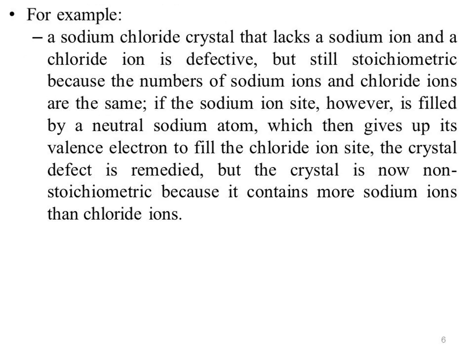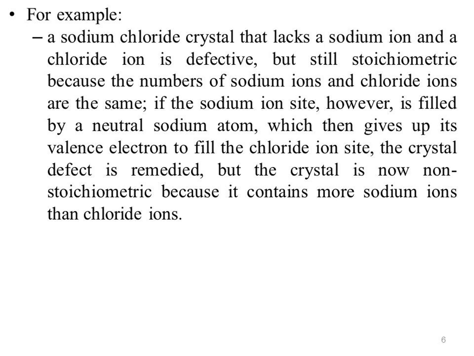For example, a sodium chloride crystal that lacks a sodium ion and a chloride ion is defective, but still it is stoichiometric because the number of sodium ions and chloride ions are the same.